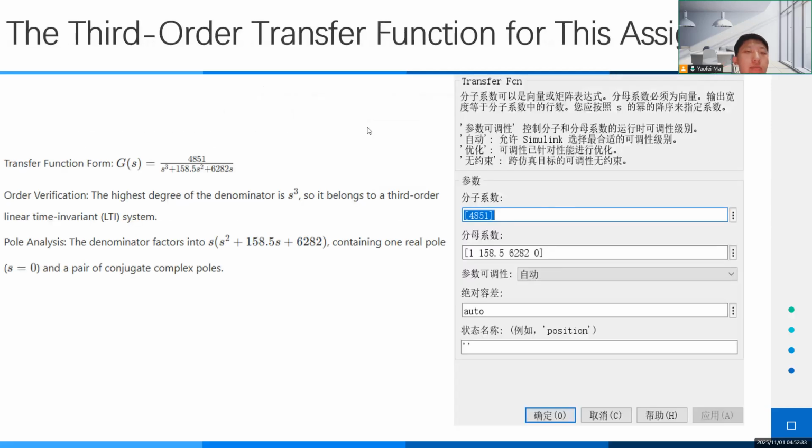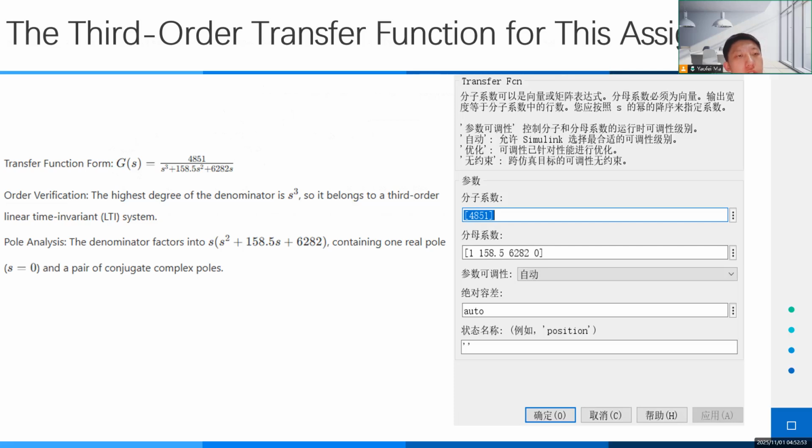For this assessment, I chose a specific third-order transfer function. Its form is this. Let me explain 2 important points about it. Order verification.